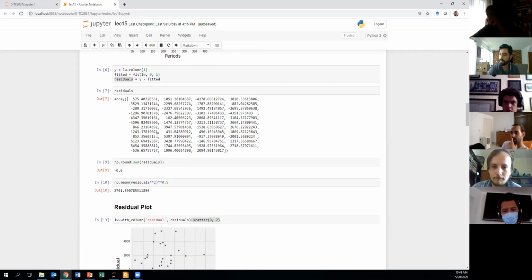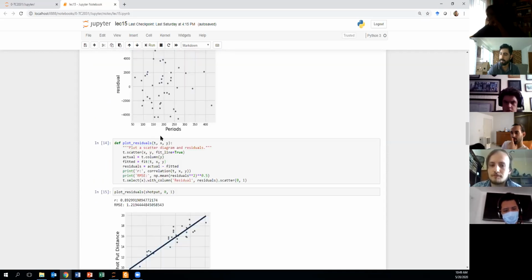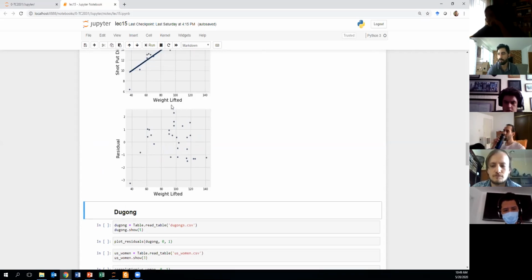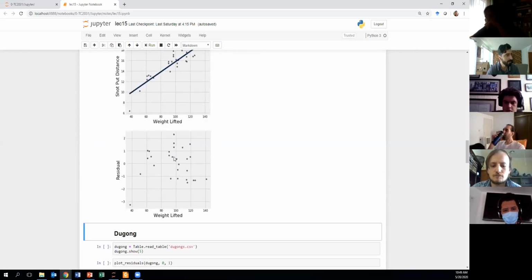Here for shotbot, we see this. Again, we have these very far outliers. So looking at this can help you a lot in deciding whether to go for linear regression or not. Let me go to the slide.